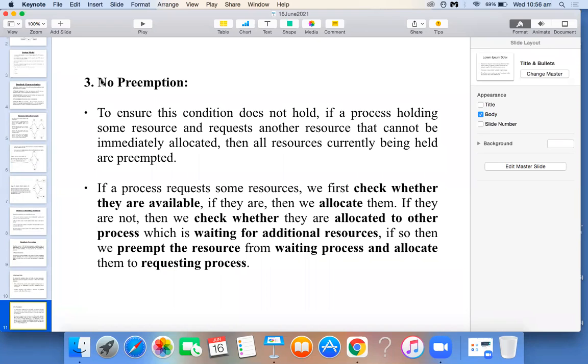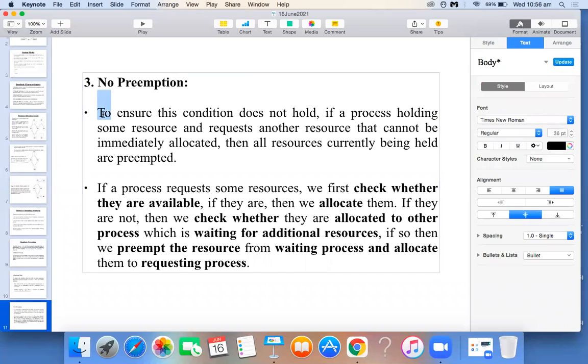So to make this condition not satisfied, the first thing is: if a process is holding some resource and requests another resource that cannot be immediately allotted, then what do you do? All the resources which that process, the one which has sent the request, is holding have to be removed from it. That is one solution.